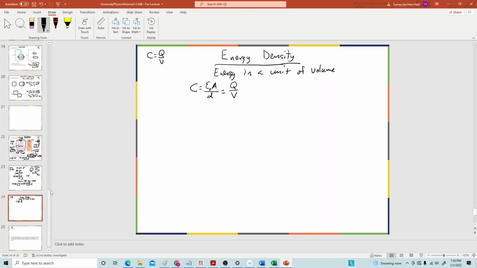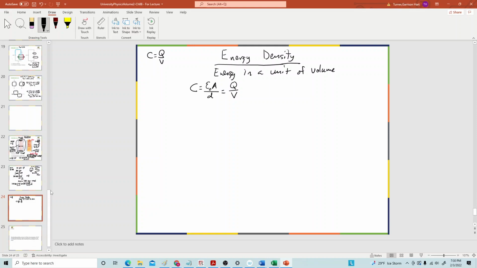If we can describe our system in terms of that electric field, it's something that we can measure or calculate in many different circumstances. So it is going to be a fundamental quantity of interest.